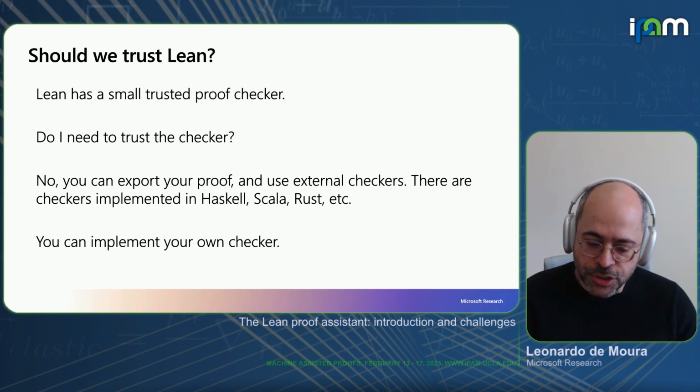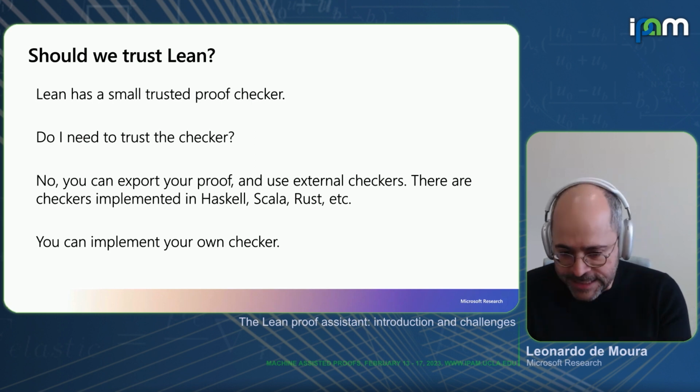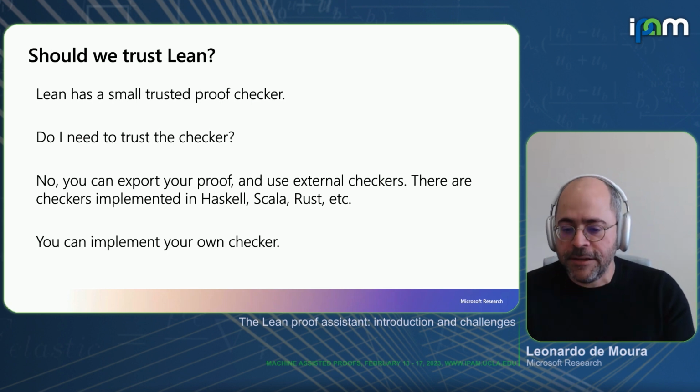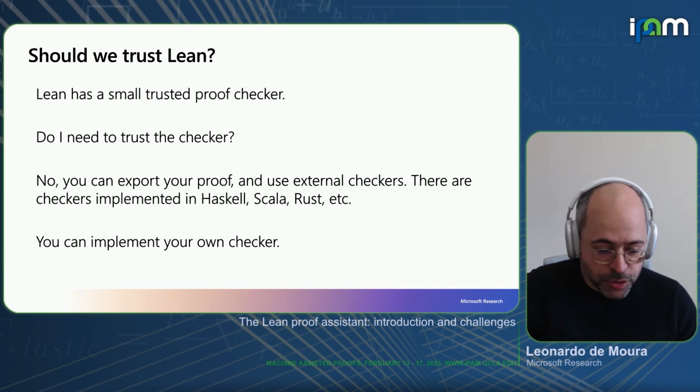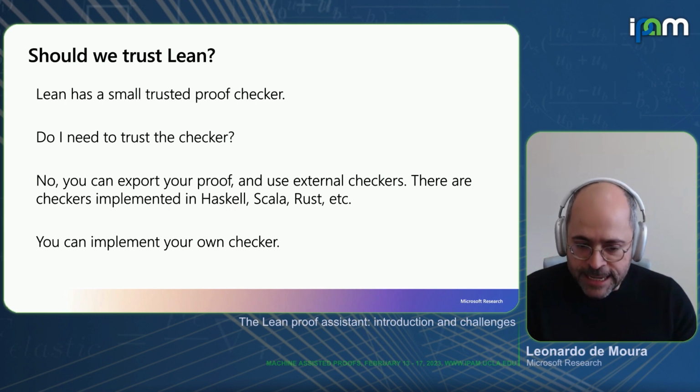The same language you use for writing math, we use it to implement Lean itself. And you can introspect on the state of the system, and by introspecting it, you can export to any form. You can create your own export formats and check your proofs using your own checker.